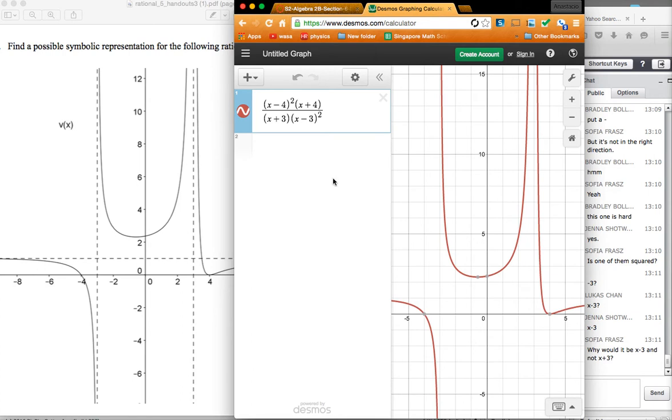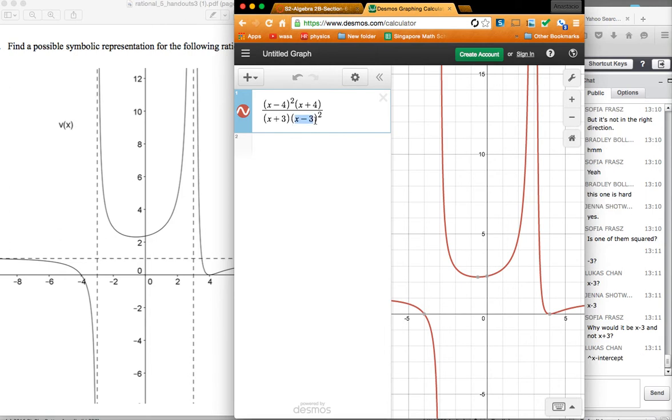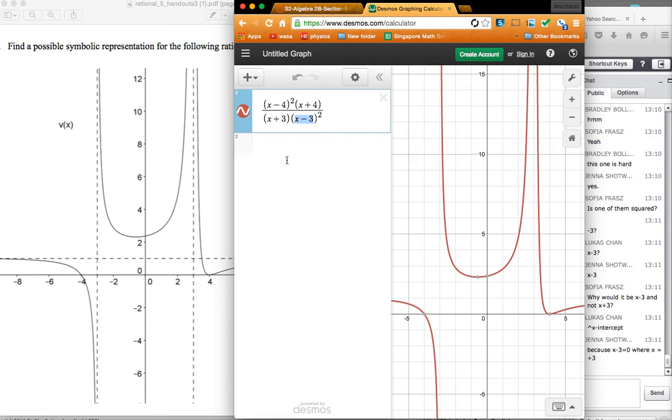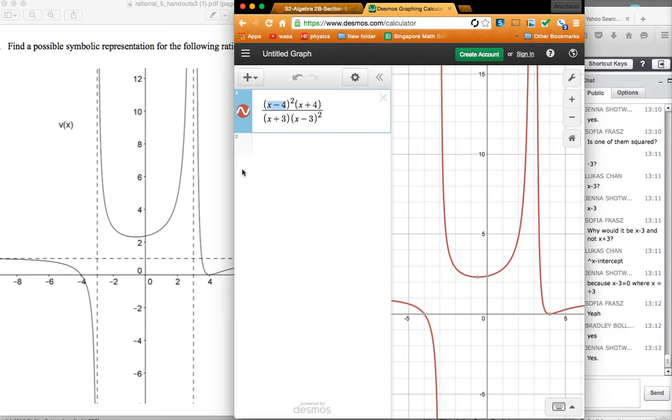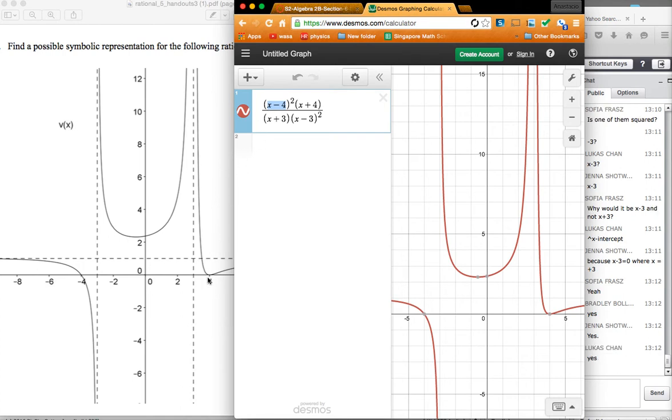Sophia's asking, why did you square the x minus 3 as opposed to the x plus 3? Okay. Do you understand why we squared the x minus 4 and not the x plus 4? Because that x minus 4 associates with the x-intercept being positive 4.